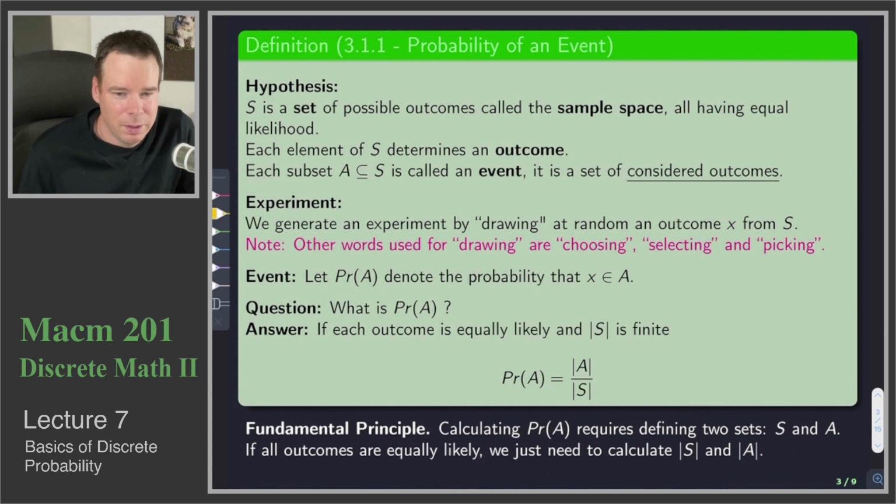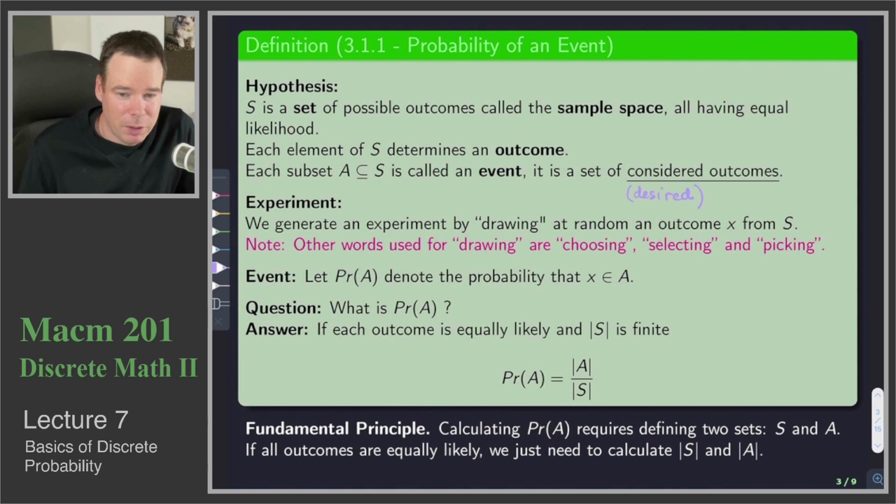So they all had a 1 in 64 chance of being chosen. Each element of S, that sample space, is called an outcome. And each subset of S is called an event. We consider it the set of considered outcomes, or as I referred to it on the previous page, we can call these desired outcomes or successes.